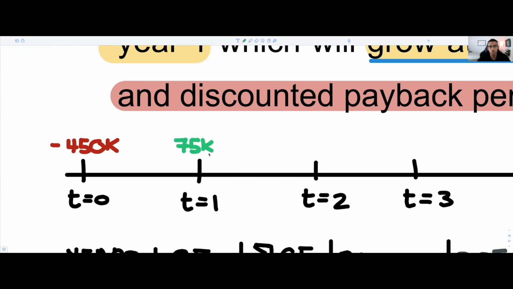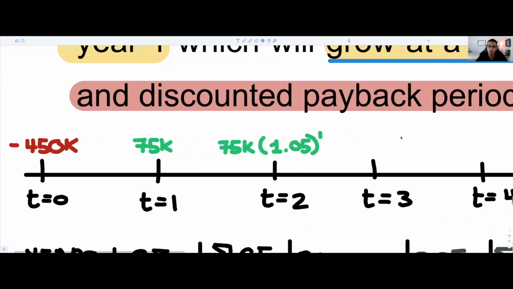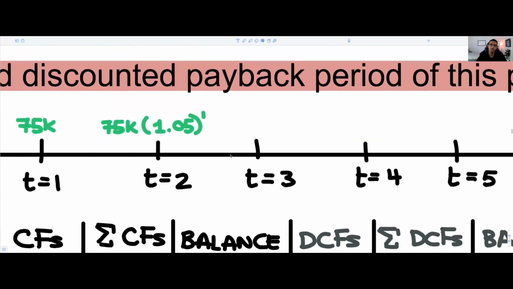So what you're going to do is 75K times 1.05, in this case to the power of 1. It's really as easy as that. And that's what you're going to plug into your calculator when you want to find all of these different points.